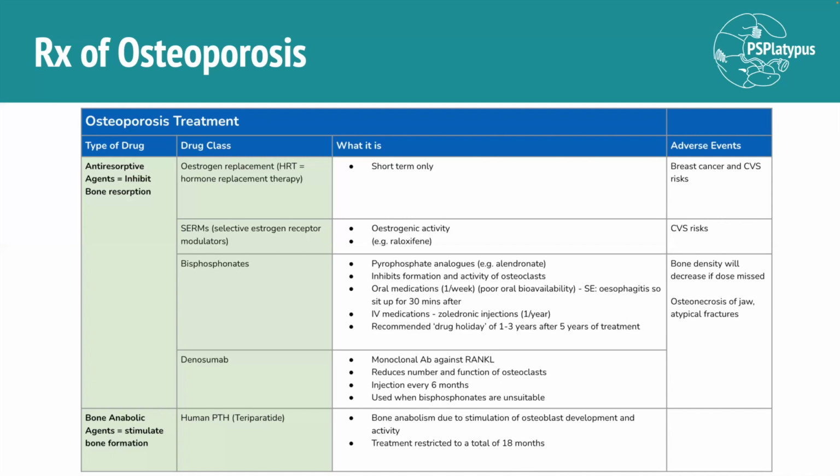Next, we have the bone anabolic agents, which stimulate bone formation, which is human parathyroid hormone, which is lab-made parathyroid hormone that acts to stimulate the body in the same mechanism that parathyroid hormone does in the body. And you might be wondering, if that is the case, as we know, parathyroid hormone acts to increase bone breakdown, then why would we be trying to give it to a patient?